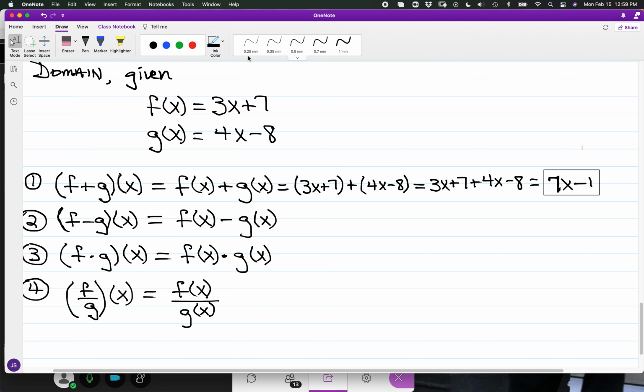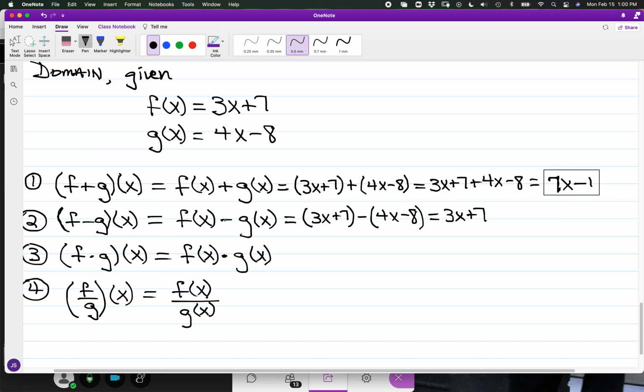Now, in the case of the difference function, we have f of x again, 3x plus 7, minus g of x, so we're going to be subtracting all of 4x minus 8. I'm using parentheses to separate the f of x and g of x.